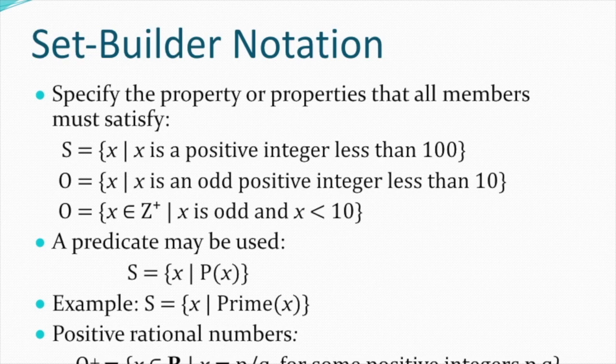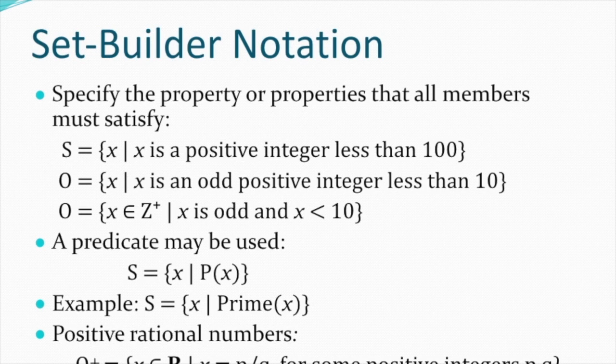So if you want to describe a positive integer less than 100, you can use the quantifier relationship where you say the set S equals x, where x is a positive integer less than 100. So this is the relationship. Anything which satisfies this rule would be an element of this set S.